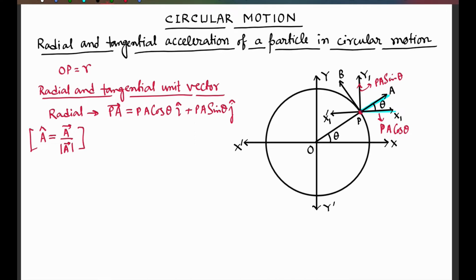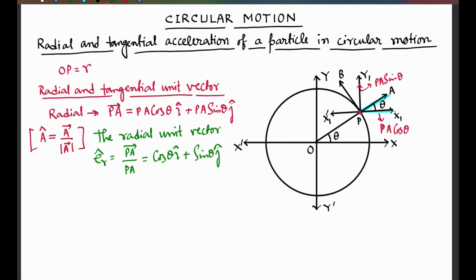Therefore, the radial unit vector, e_r cap, is equal to PA vector by PA. Therefore, this is equal to cos theta i cap plus sin theta j cap.